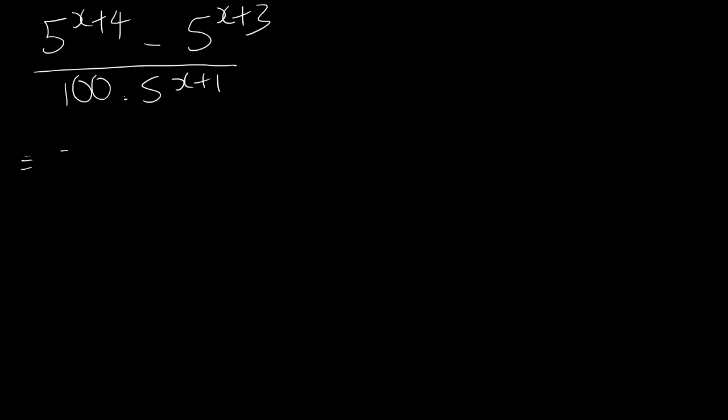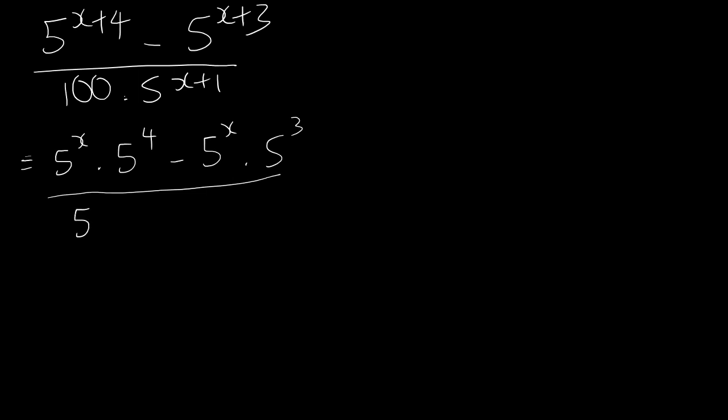So our next step would be 5^x times 5^4 minus 5^x times 5^3. Let's keep the 100 as is, and let's pull out the 5^x at the front, and so we'll have times 5 times 100. Remember, it's 5 to the 1.